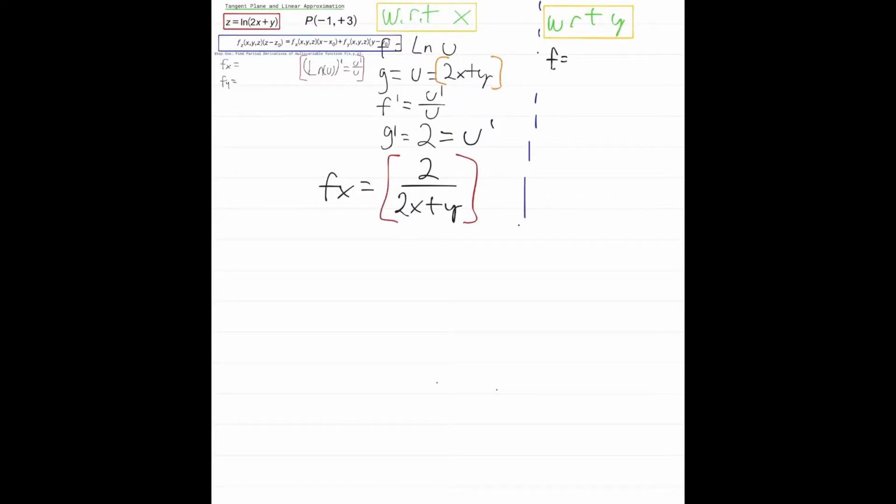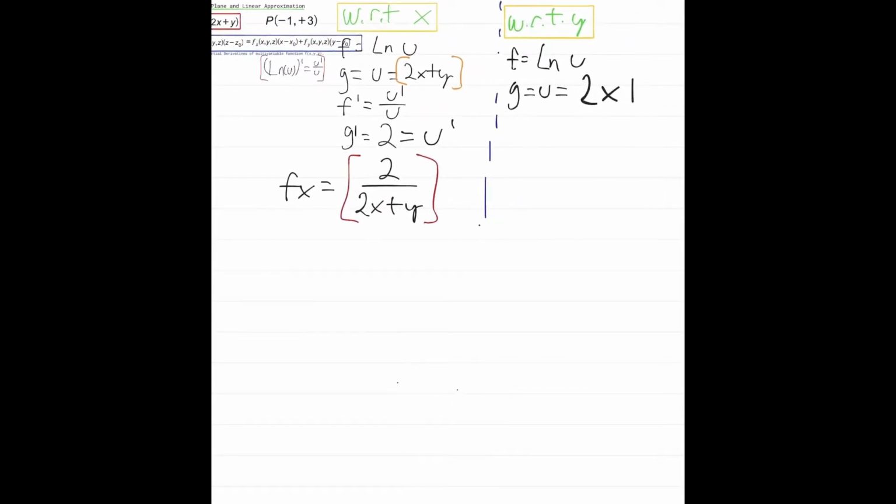Applying the chain rule, the natural log derivative is equal to u prime over u. We know f is equal to natural log of u, g is equal to u, which is 2x plus y, and f prime is u prime over u.